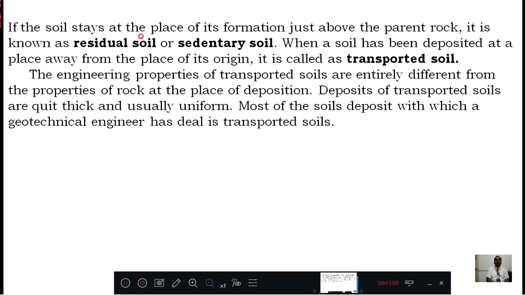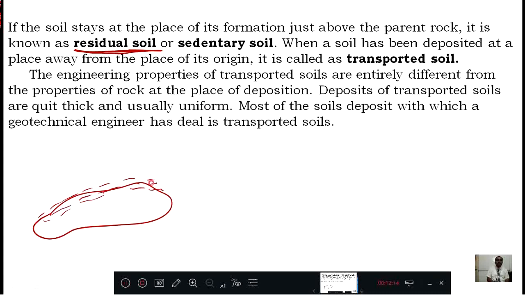If the soil stays at the place of its formation, just above the parent rock, it is known as residual soil. Residual soil means what? This is a rock. The upper part of the rock is disintegrated, but this disintegrated soil remains there itself.